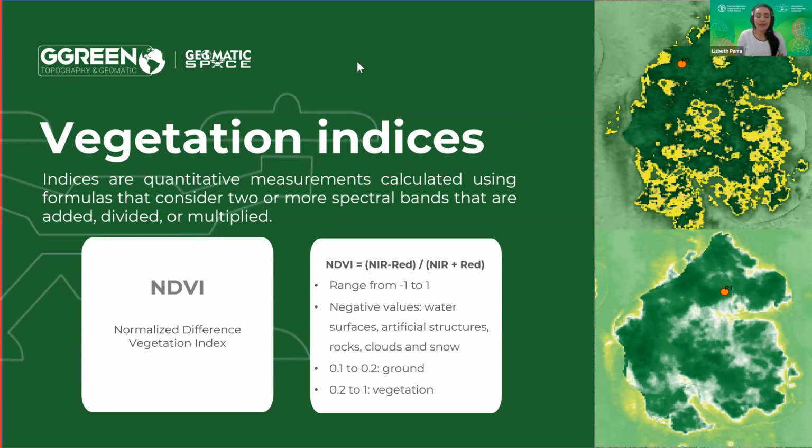Porque en la medida en que nosotros tengamos una vegetación que hasta ahora esté en proceso de crecimiento y desarrollo, el índice de vegetación NDVI va a tener valores de 0.3, 0.4 y así hasta que la planta tenga un crecimiento o un desarrollo completo. Siguiente lámina, por favor.